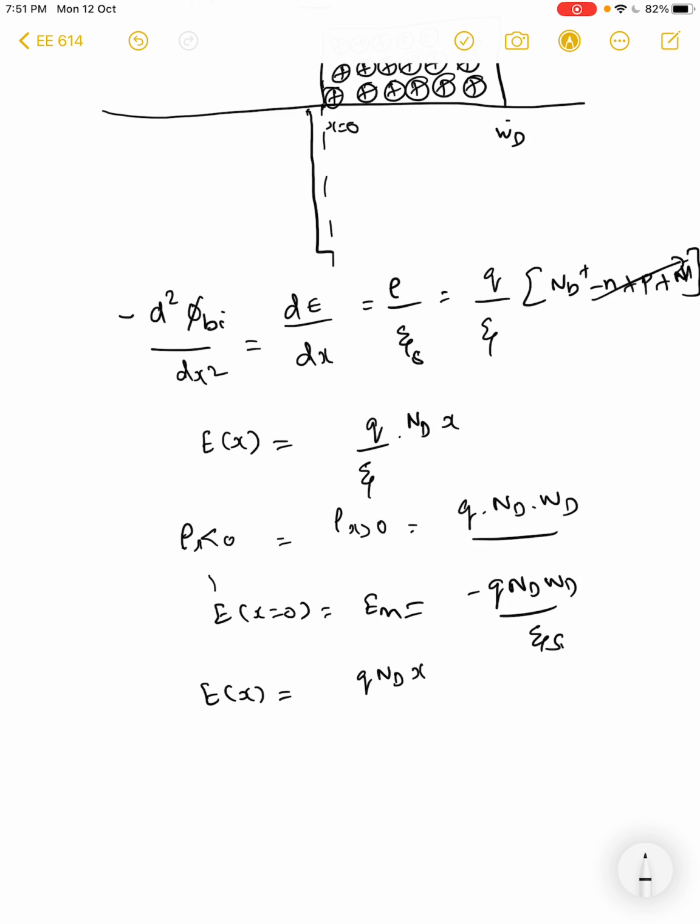So once we have this relationship, we can write at x is equal to wd, your actual psi bi of x, right?